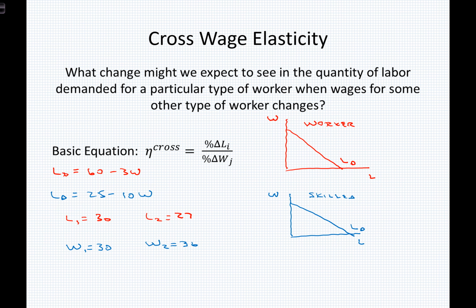So we can now create our equation where we have 27 minus 30, this is a simple equation again, divided by 30. And now we'll think about this with respect to the wage of the more highly skilled worker, 36 minus 30 divided by 30.